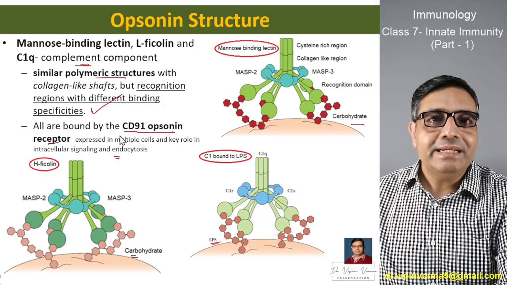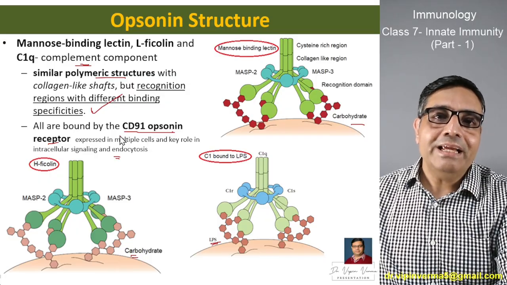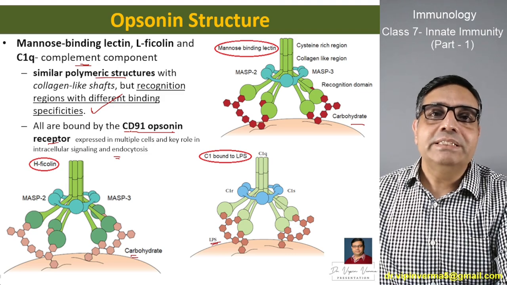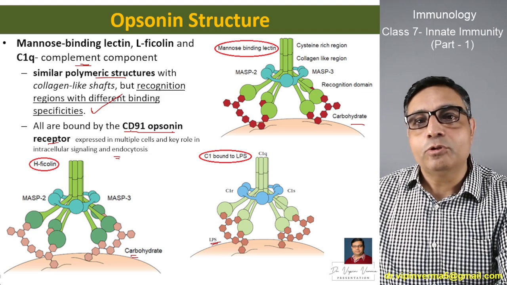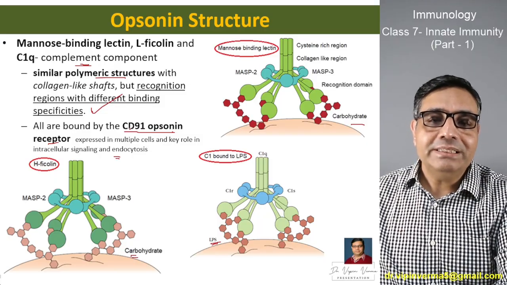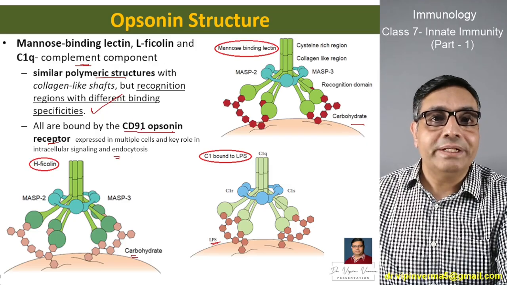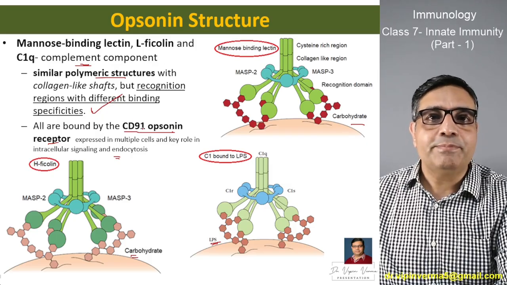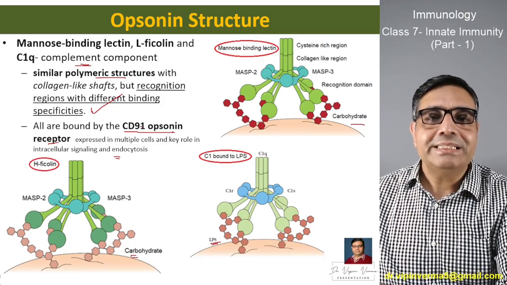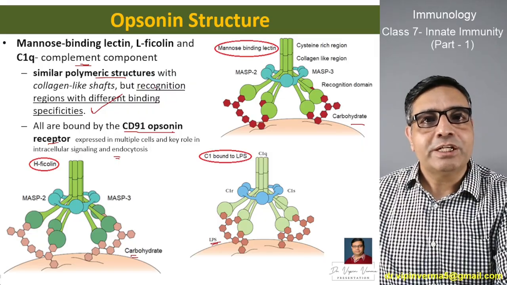They bind there and coat the surface of the pathogen, and on the other side they bind to CD91, the opsonin receptors which are present on so many cells, for example phagocytes. And then once they are bound to the CD91 opsonin receptor, endocytosis takes place, and with the pathogen the phagocytosis process kicks in. So they help in phagocytosis.